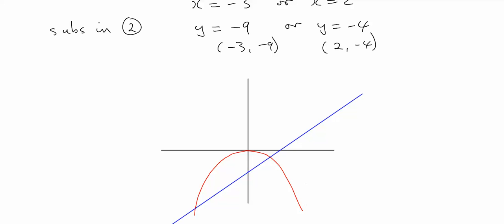The red graph is the parabola and the blue graph is the line, and we have the 2 points here, minus 3, minus 9, and here is 2, minus 4.